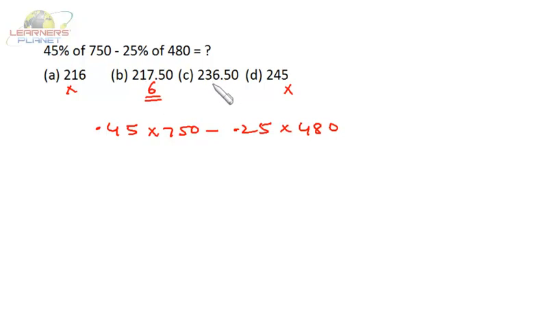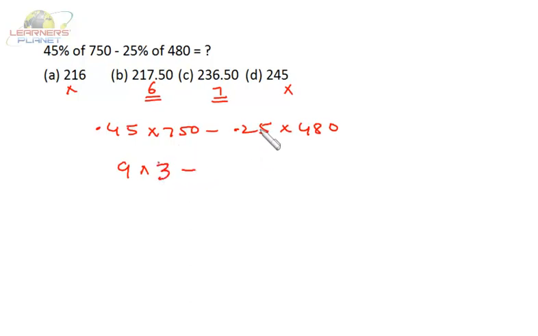You can skip the decimal part. Here it is 2 plus 3, 5, 5 plus 6, 11 and 5, 16. That means the sum of the digits is 7. Now let's check what is the digital root of this particular expression. Here it is 9 into 7 plus 5, 12, that is 3.